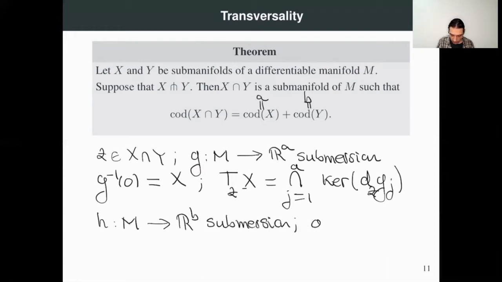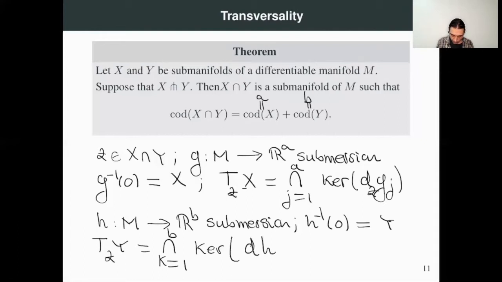The preimage of the zero vector is going to be Y, and we're going to have that the tangent space to Y at the point C is just the intersection from k equal 1 to B, which is the codimension of Y, of the kernels of the differential of H_k at the point C. That's what we are going to have.